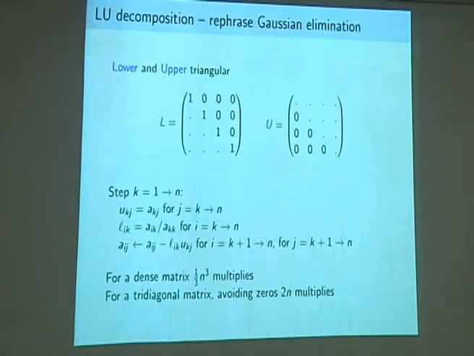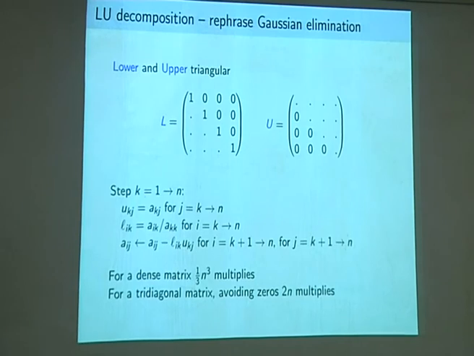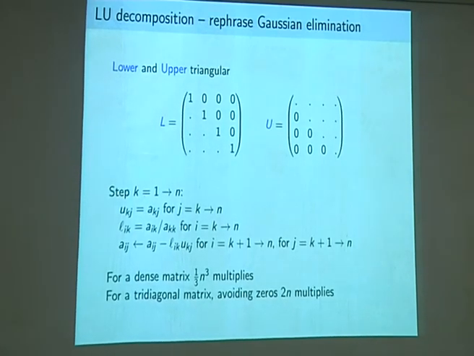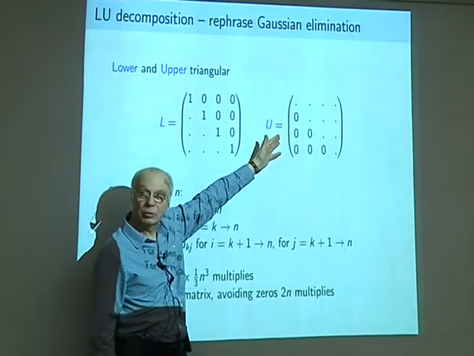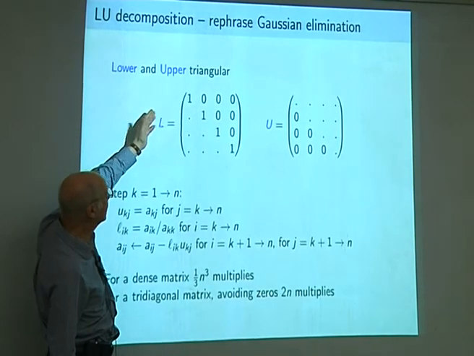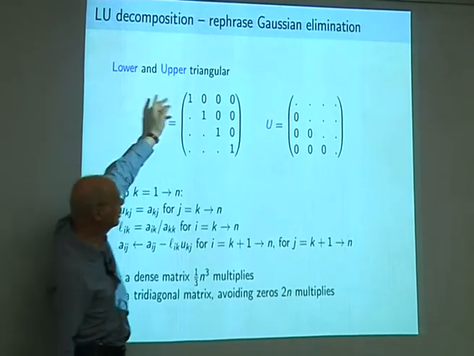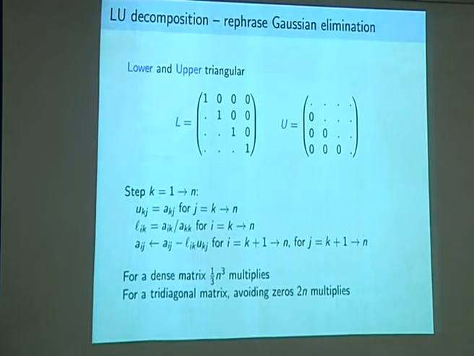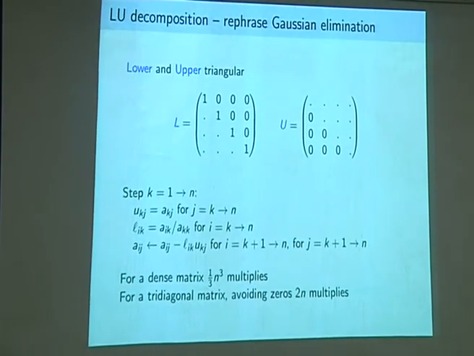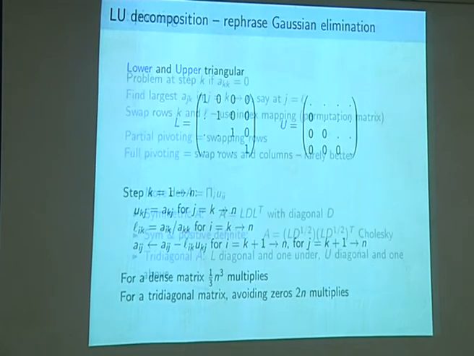Okay, a very important thing is when we have A equals LU, we can now work out the determinant of A very quickly. The determinant of A will be the determinant of L times the determinant of U. The determinant of L is just the product of all the ones on the diagonal. The determinant of U is just the product of the diagonals of U. So once you've formed LU, which is n cubed operations, finding the determinant is just n multiplies.